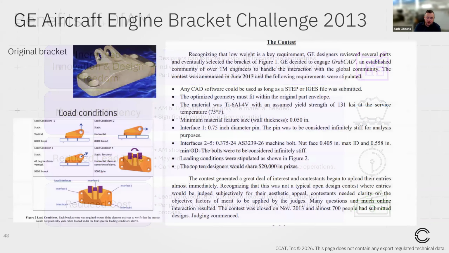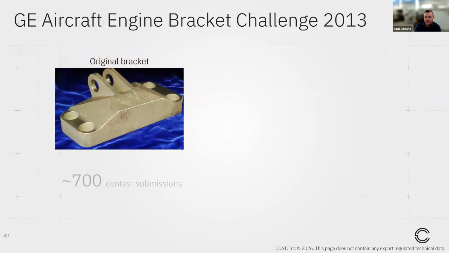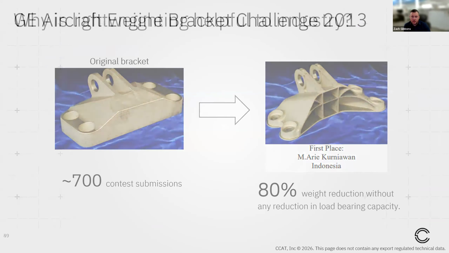So this was a GE Engine Aircraft Bracket Challenge from 2013 that was put out to the world. This was the original bracket. And here was the winning submission from Indonesia. Through the redesign, right, they were able to achieve an 80% weight reduction without any reduction in load-bearing capacity, right?